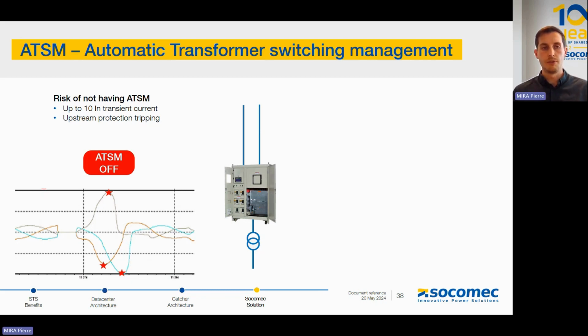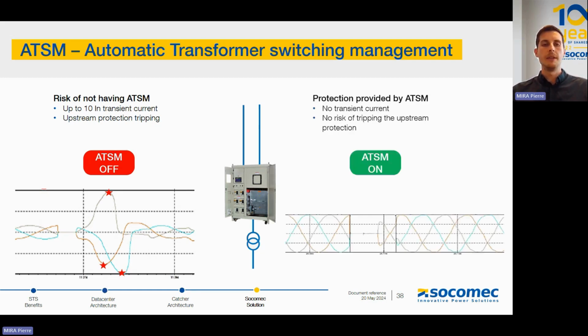With a standard static transfer switch and a fast transfer, a transfer in 5 milliseconds on a PDU can generate an inrush current up to 10 times nominal current. We don't want that. So in the Socomec static transfer switch, what we did is we implemented an algorithm called ATSM. ATSM stands for Automatic Transformer Switching Management, and it will limit the inrush current on any transfer on a PDU.